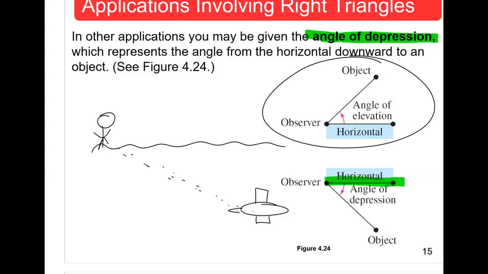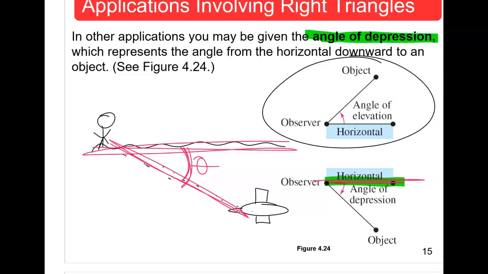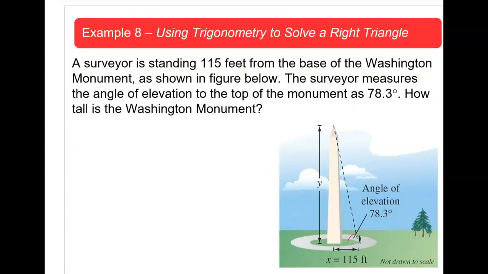Imagine the water is the horizontal right here, and then your line of sight, the angle that is formed there, will be your angle of depression. So if it's up, elevation; if it's down, depression. Okay, let's move on to the next one.